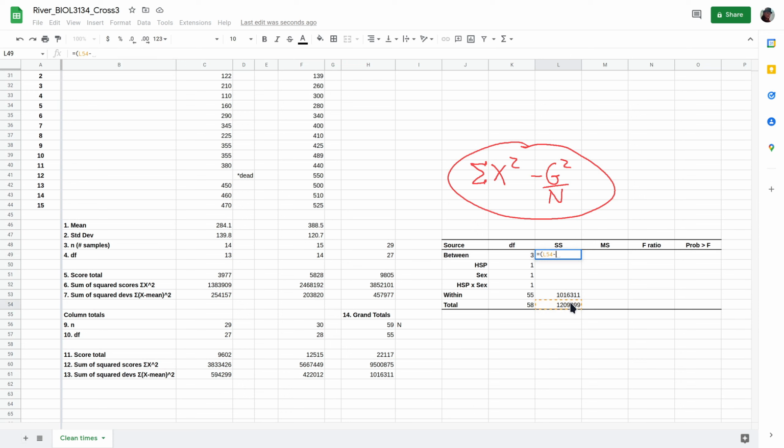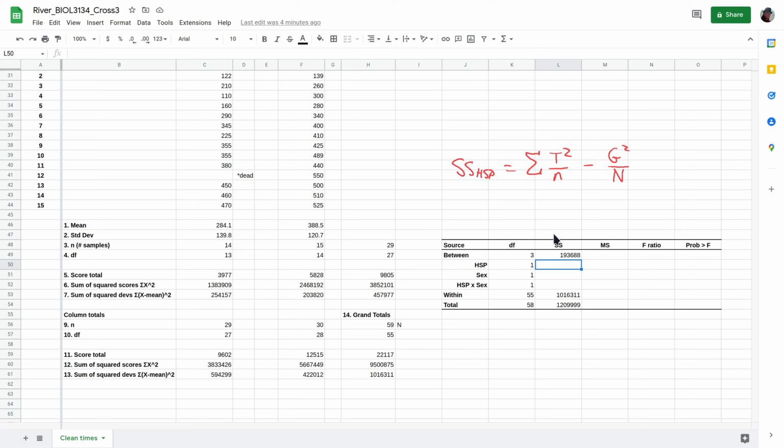Total minus within. And again, refer back to the math on that to make sure I'm doing this right.